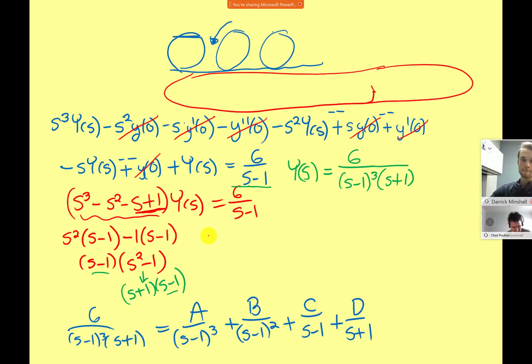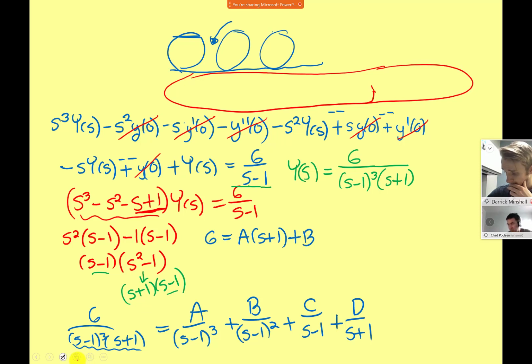Okay, so when you clear the fractions, you have 6 equals a. Now the a, you're multiplying everything by this common denominator. And so the s minus 1 cubed will cancel, and that'll give you an s plus 1. And then plus b.